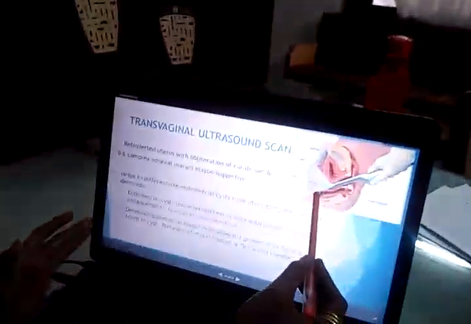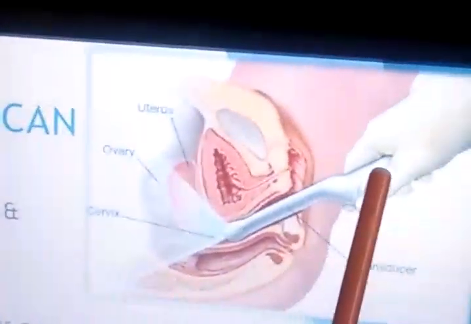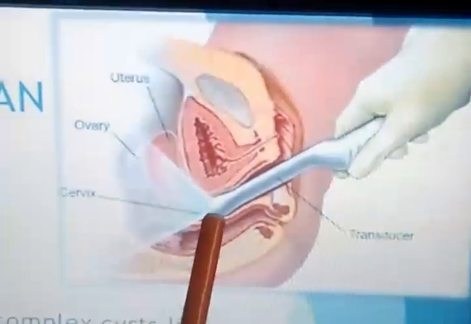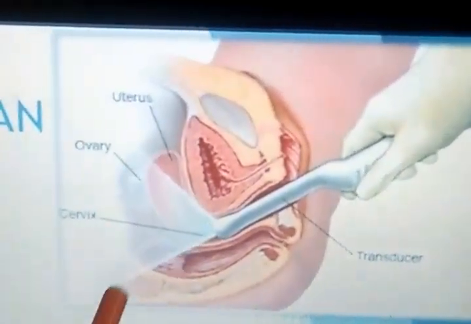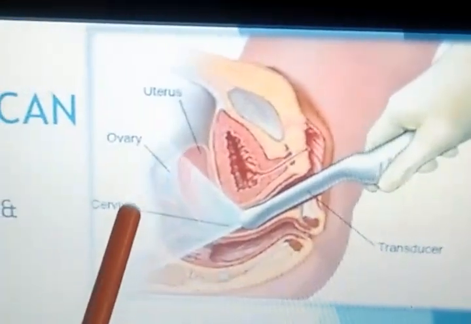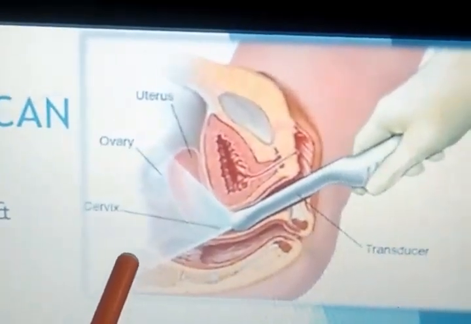What is the use of it? In transvaginal ultrasonography, the probe is introduced through the vagina, the waves go from here, and if there is any abnormality present, we are able to see it.